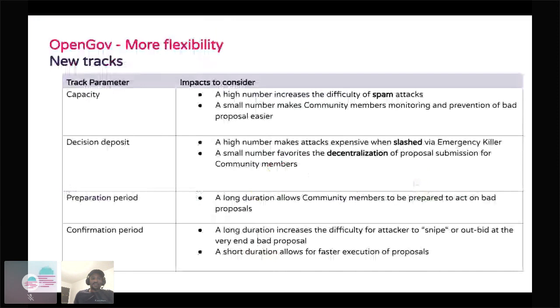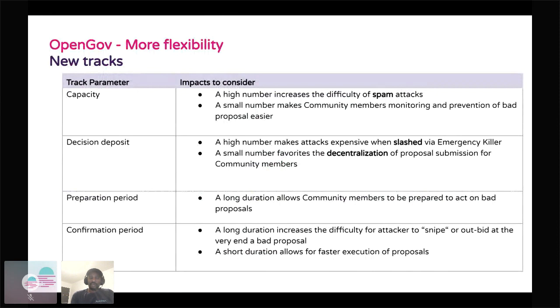So I explained what a capacity, a decision deposit, preparation period, and confirmation period are. But it's important to understand them because if the capacity is high, it has a big impact on the overall security.